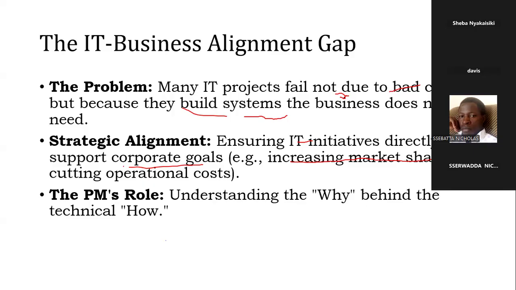For example, let's say one goal is to quickly and efficiently deliver NSSF claims to its clients. Then they will come to ICT and say, IT department, how can you help us achieve this goal? Now, this is what we're introducing to you when we talk about project management. This is the thinking we're introducing to you.